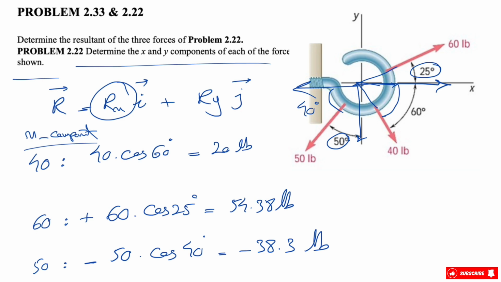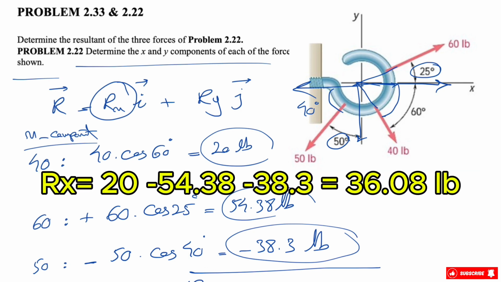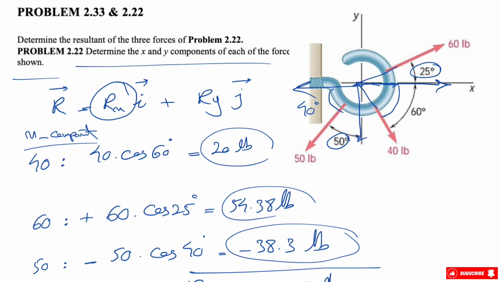So now that we have everything, the sum of all these three would give us the Rx, which will be 36.08 pounds, and that would be our i component. So far we found the first part, the Rx component.